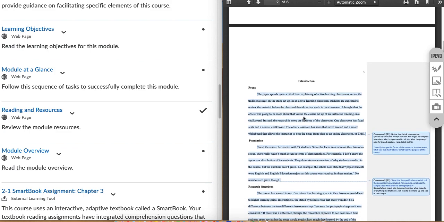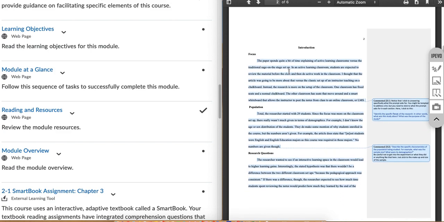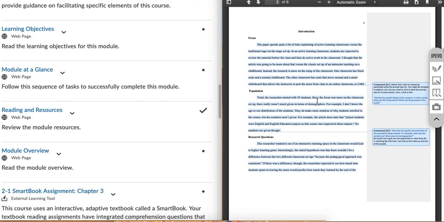There are 3 parts to the prompt, and each one will, for the introduction, there's the focus, which is Roman numeral 1, Roman numeral 2 is the population, and then the third Roman numeral is the research question. Each of these should have a good paragraph, so it should be at least a page.